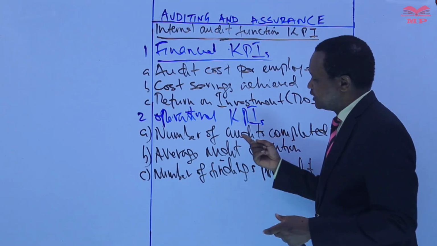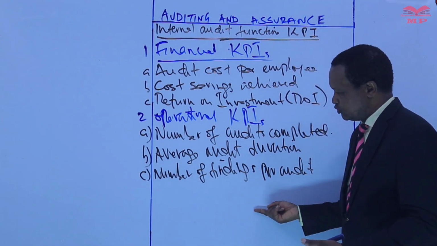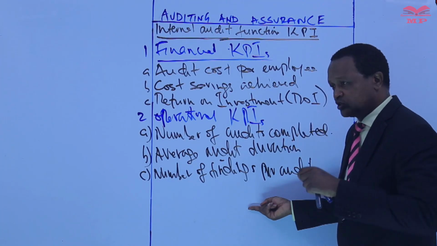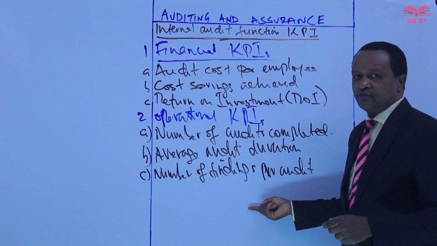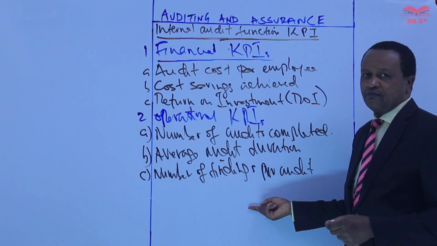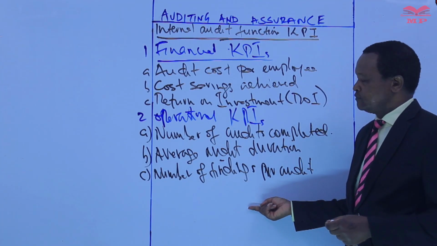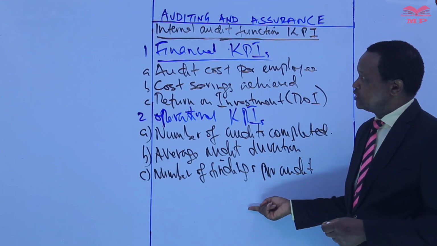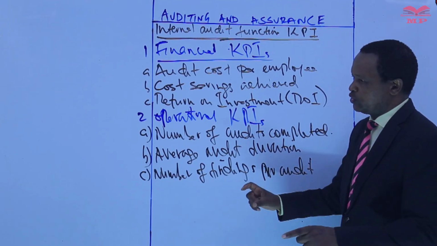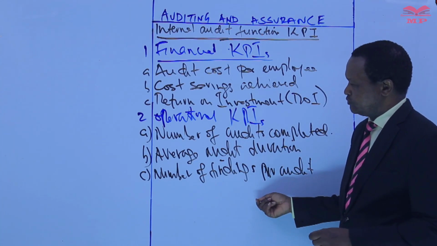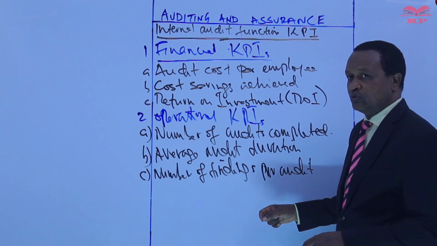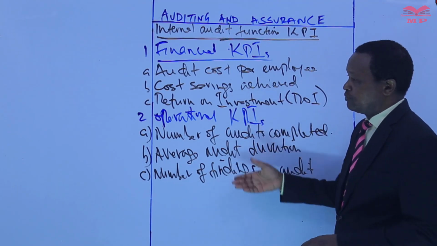So if the department does not identify any issue, then that's an indicator that the internal audit function is not effective because it is not meeting its objectives as intended. So you see, the internal audit function is like a watchdog. But this watchdog also needs to be watched through these performance indicators.